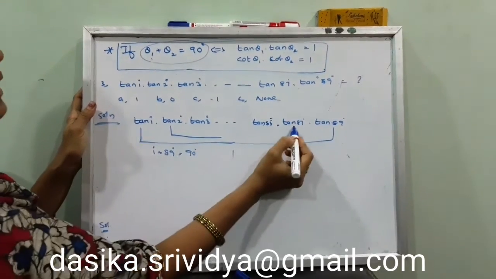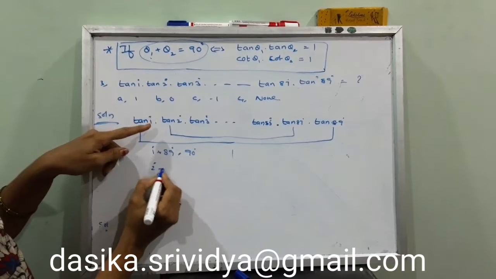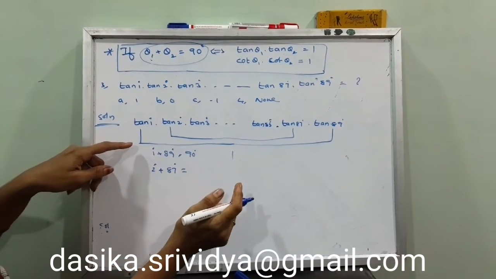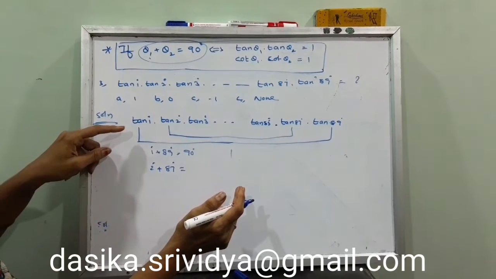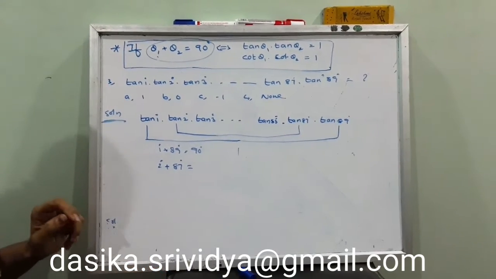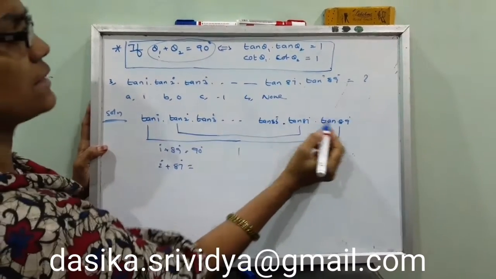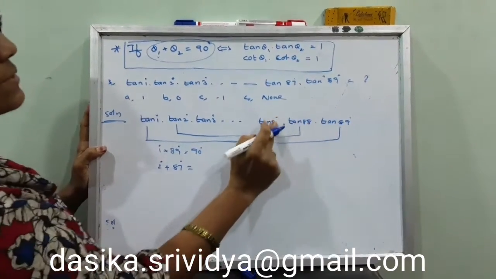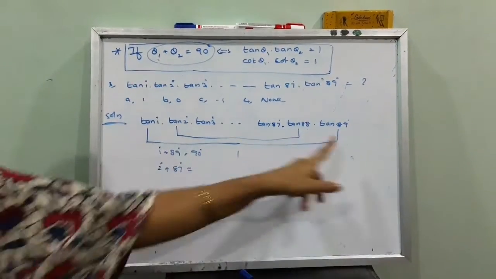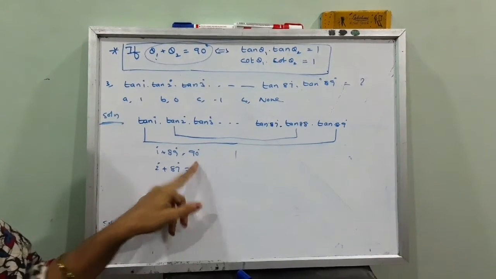From first to last, tan 1 degree into tan 89, 1 degree plus 89 is equal to 90.